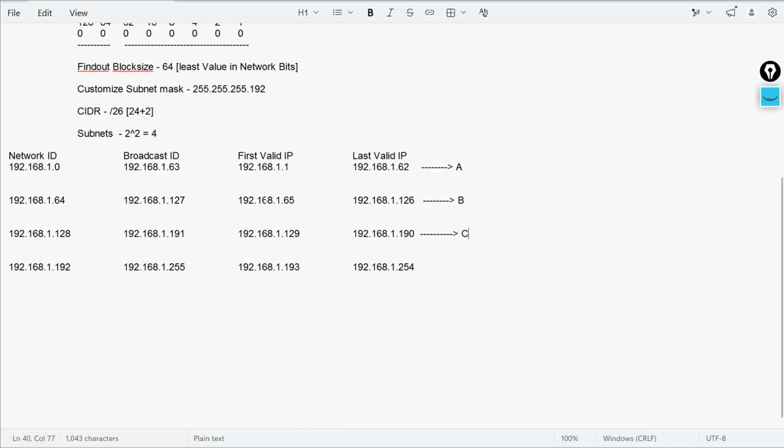For all these networks, the subnet mask is the same: 255.255.255.192. Here also 255.255.255.192. Here also 255.255.255.192.